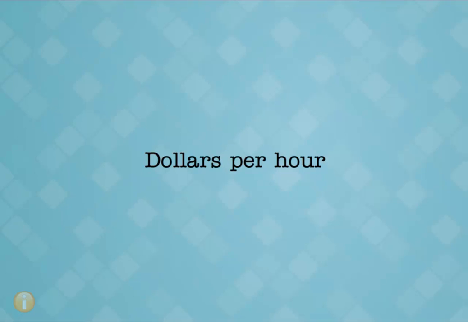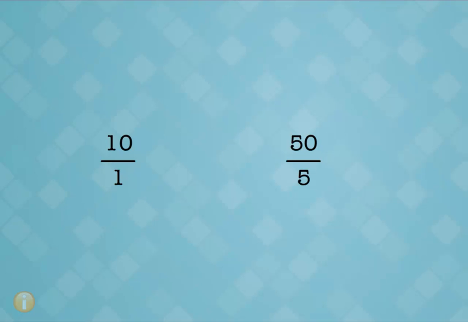By the way, these are different from salary, which means you get paid the same thing no matter how many hours you work. Here are the ratios we showed earlier. Both of these ratios represent the same value. If you do the division, you get 10 in either case. However, the one on the left is usually the preferred way to write the ratio. It's called the unit ratio because it's the value of the ratio with the bottom number, the divisor, equal to 1 unit.